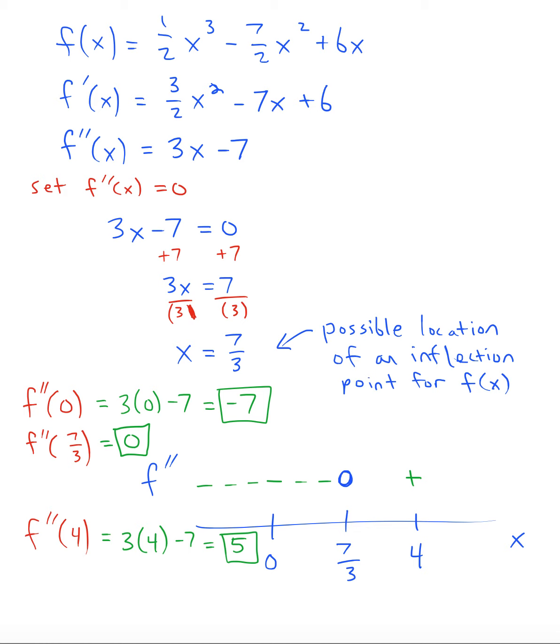So we have a positive sign over here. So here we see f double prime is greater than 0. Over here on the left, we see f double prime is less than 0. And this is the cutoff point.